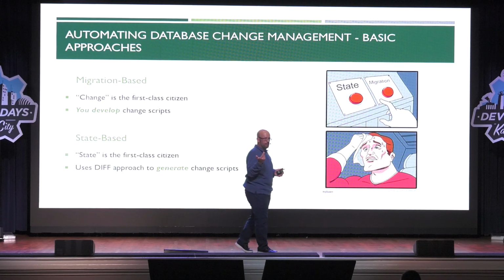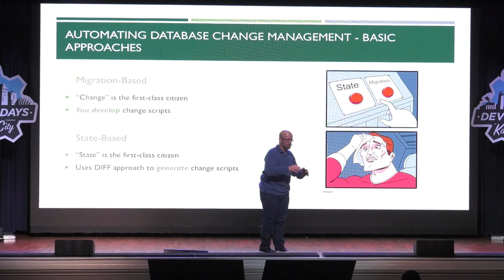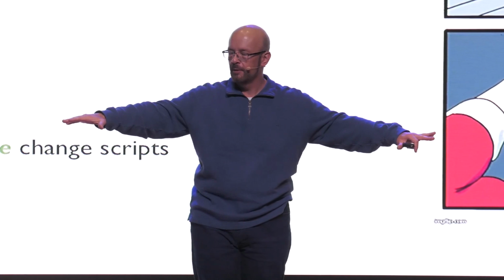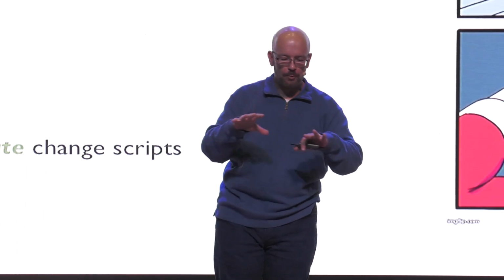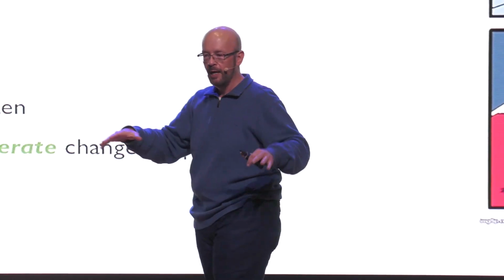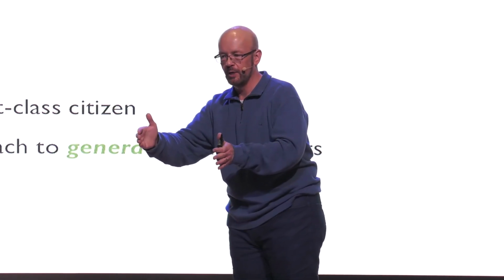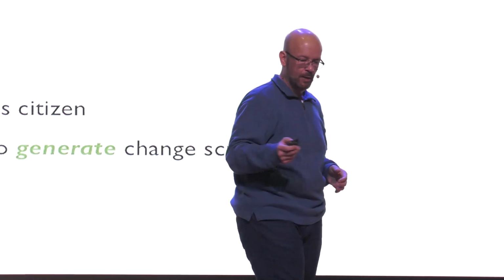The other is state-based. And state-based says that the state of the database at any given point in time in the pipeline, and each of those states, is the most important thing. And I'm going to manage the heck out of the state, and I'm going to use differences between those states to generate the changes that I need to promote through the pipeline. All right? Just sort of comparing them.